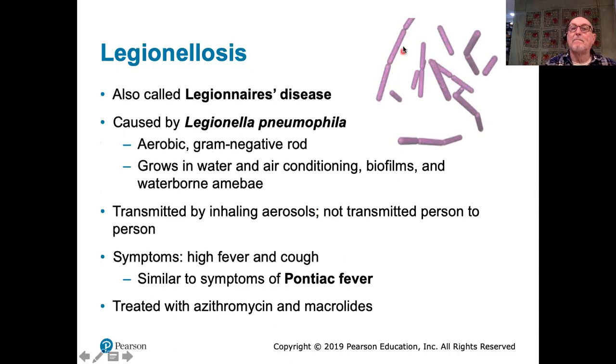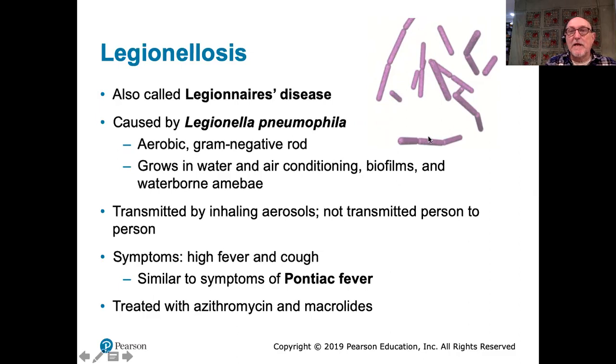You can see it here. It's a gram-negative rod. And it's a normal part of any freshwater aquatic ecosystem. Basically, you can go there and you can find Legionella growing there. There are several species, but the one which causes the most dangerous illness is Legionella pneumophila.